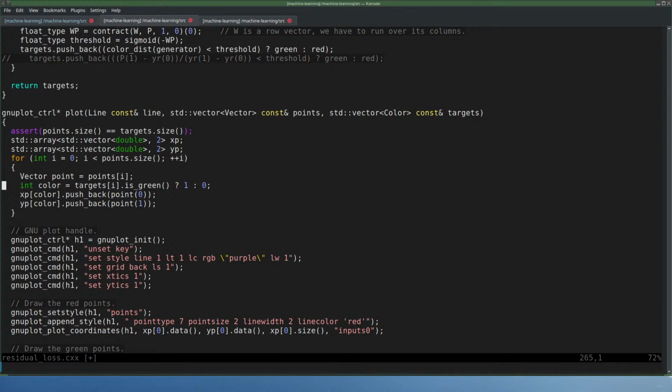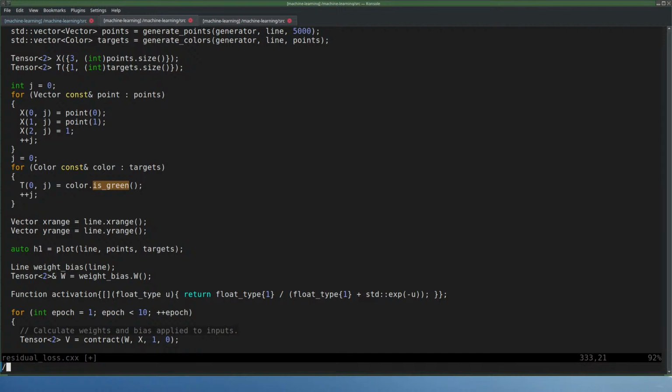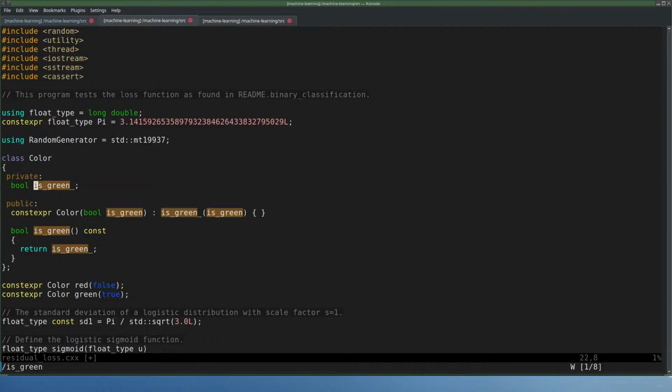So then either is green is wrong, or I just pass targets of the wrong color. Well, I can hardly imagine that is green is wrong. Pool is green. Yeah, is green returns is green, and that's what we pass through color when constructing it. So that's really no way.